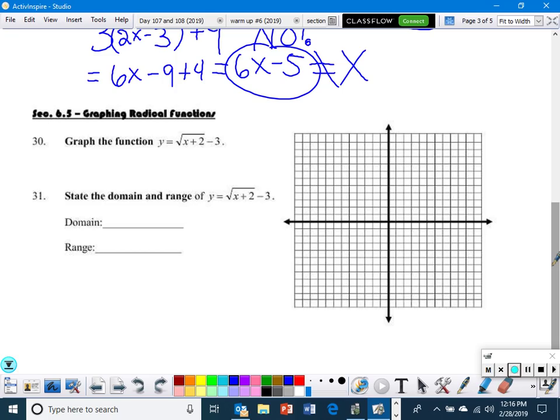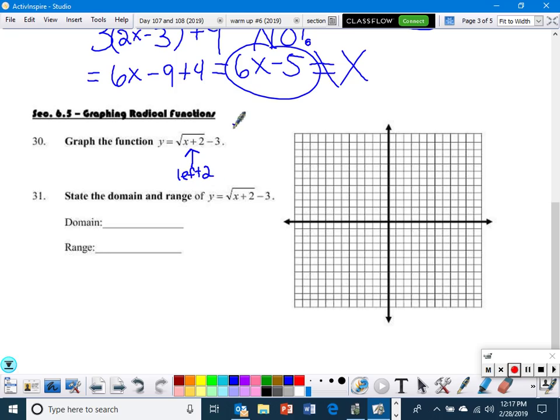Okay, number 30. Graph this function, y equals the square root of x plus 2 minus 3. All right, well, if you know the little trick, the starting point, ladies and gentlemen, is going to be left 2.